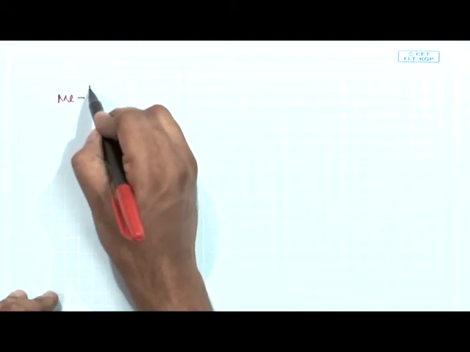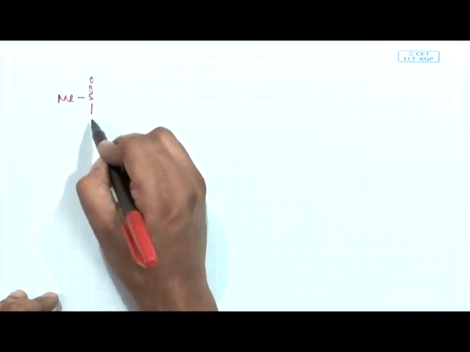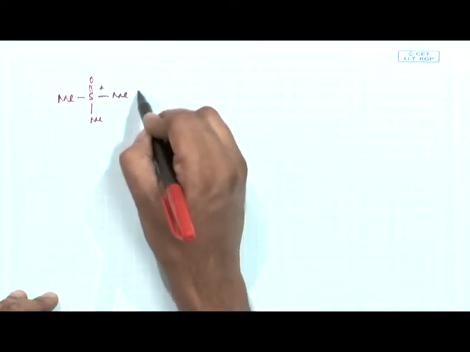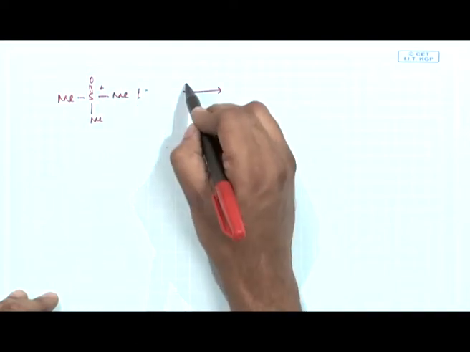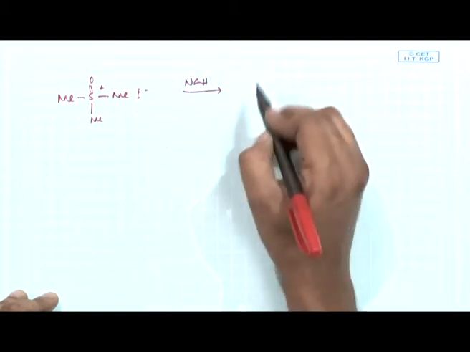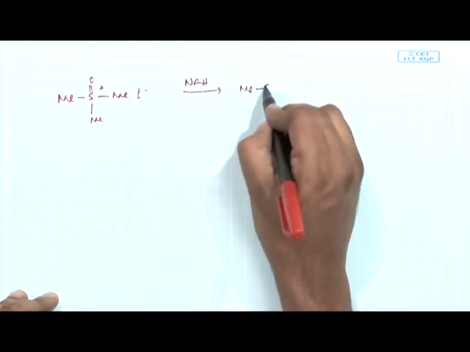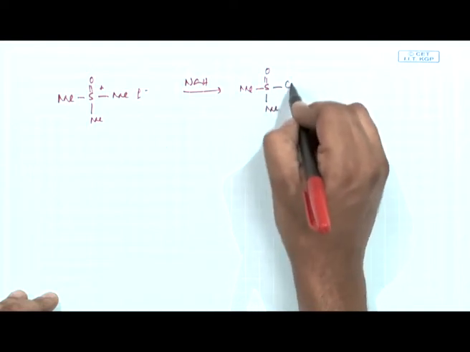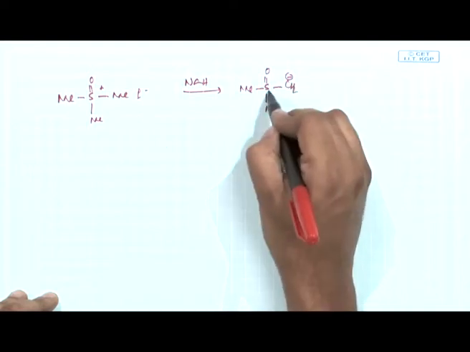The structure of this compound is like this, and if you subject it to sodium hydride, it will instantly give you the corresponding anion, CH2 minus.